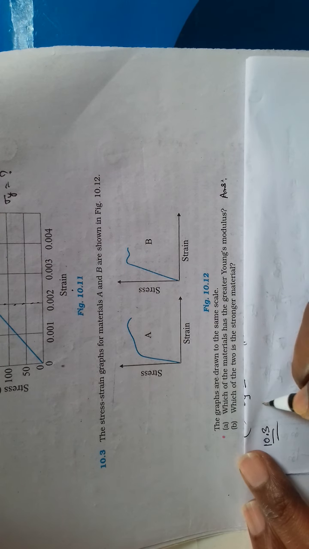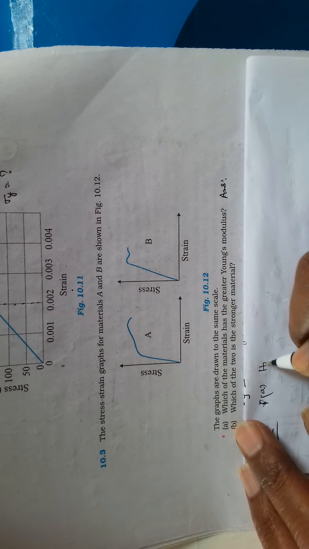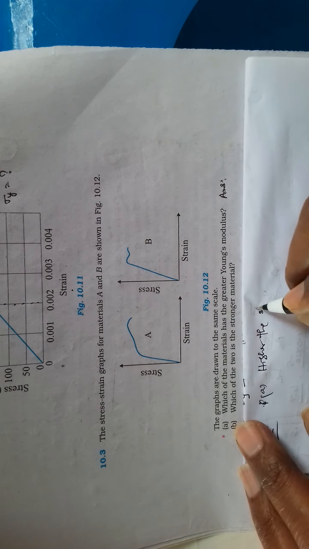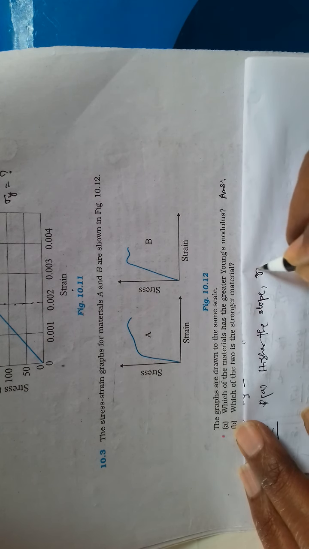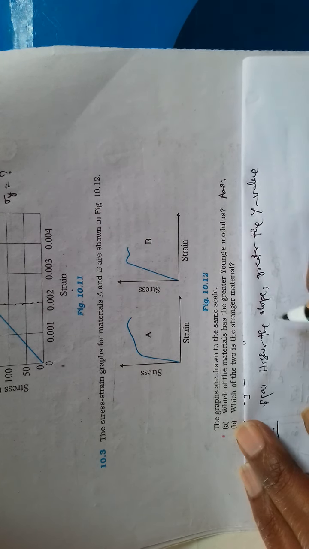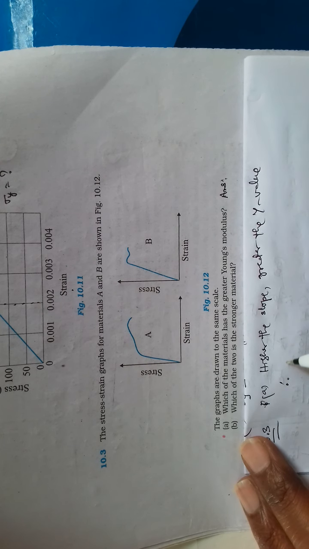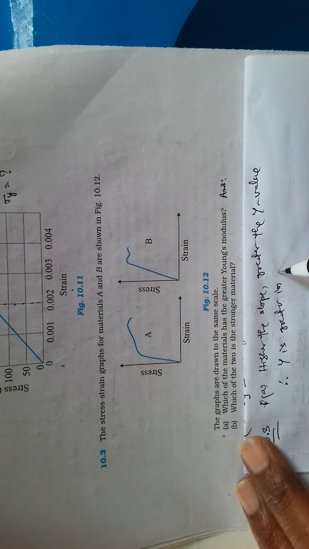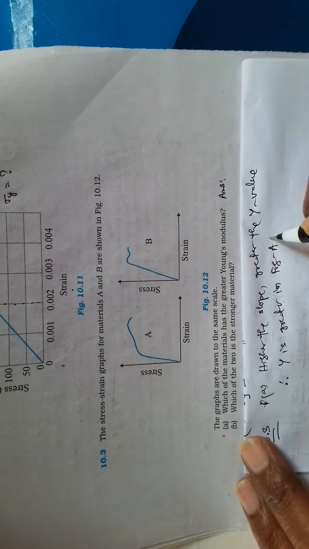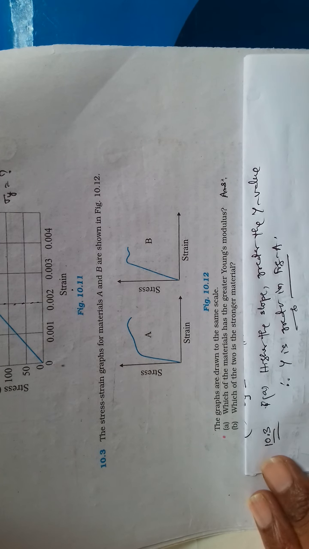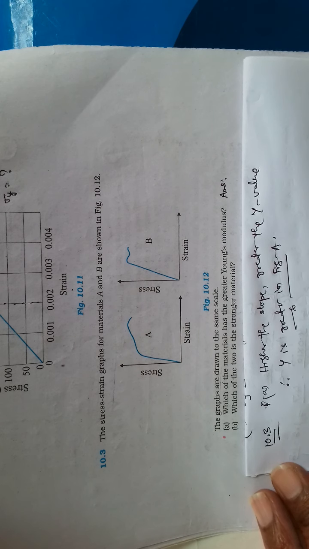So, for A, what do we write? The higher the slope, the greater the Young's modulus. Therefore, Y is greater in figure A. Now, the second one: which of the two is the stronger material?